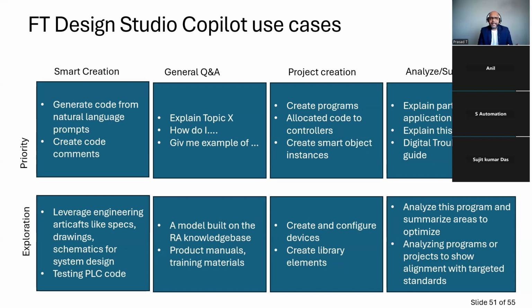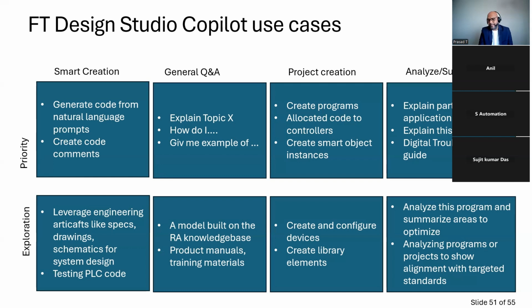One is leveraging existing engineering artifacts like specifications, drawings, and designs, and then testing the PLC code. A model built on a knowledge base, like Rockwell Automation's knowledge base, product manuals, and training materials, the same example that we saw in Siemens. Then creation and configuration of multiple devices, creating library elements for standardization, and then analyzing the program for summarization and optimization.